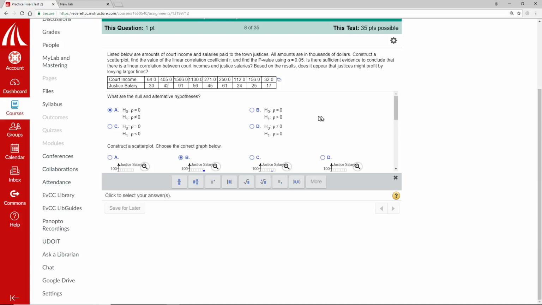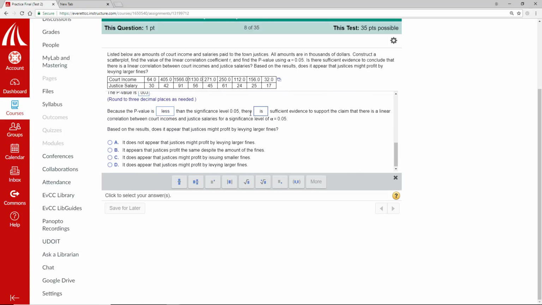All right, we believe it is a positive correlation. So B is just as good. B is just as good. You shouldn't be wrong there. But anyway, yes, it's true. A larger fine, because there's this correlation between the income of courts and justice salaries, we could say that.